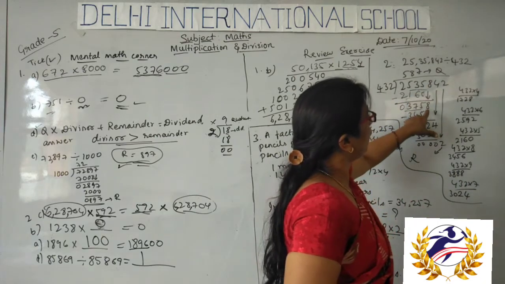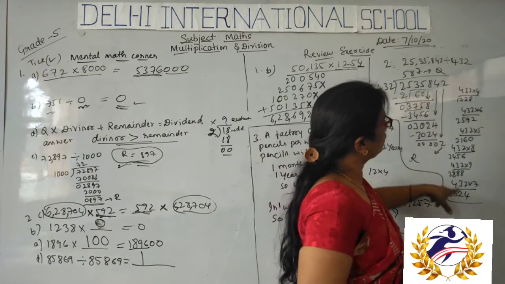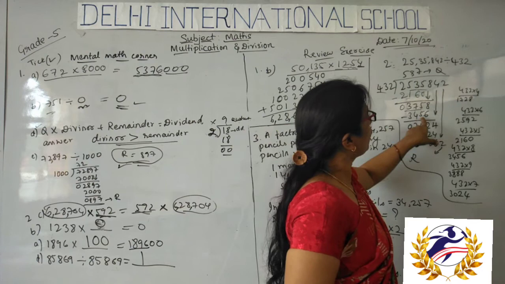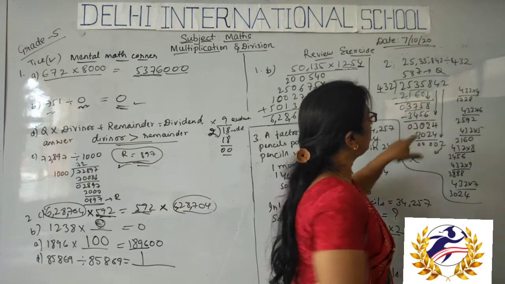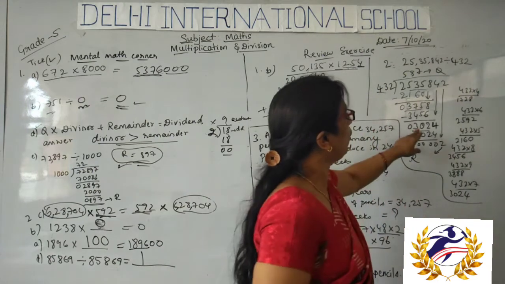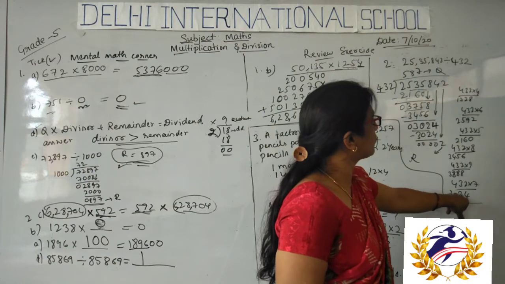8 I took below. So 3758. I took 432 8s are 3456. Subtraction is done. 302 I got. Again I took 4 below. 3024. 432 7s are 3024.